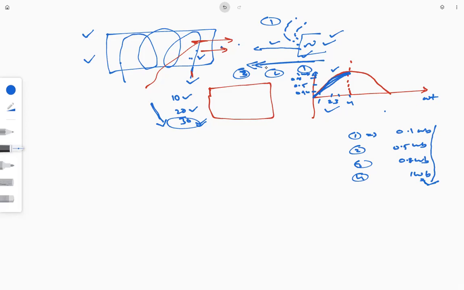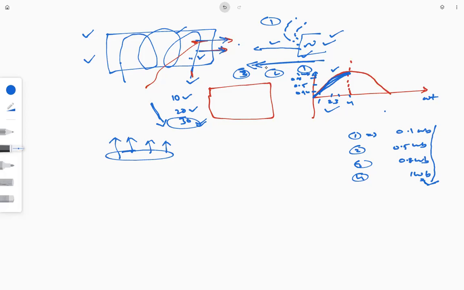Therefore, as it is an inductor, it will oppose according to Lenz's law. The flux produced by this coil should oppose this increase. Okay, as this is an increasing case, the flux developed by this coil will be opposite to the main field flux. So this is a positive case.